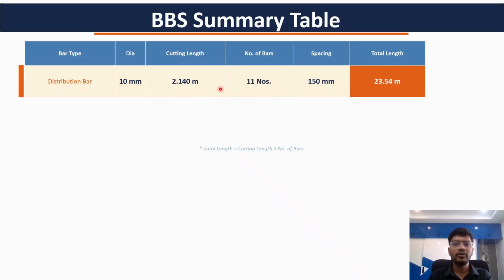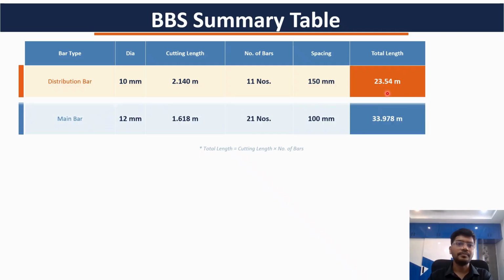So multiply these two numbers, then you will get the total length of distribution bar. So you require 23.54 meter of distribution bar. Main bar diameter is 12 mm and the cutting length is 1.618 meter. So number of bars is 21 numbers. So multiply these two numbers to get the total length, that is 33.978 meters.